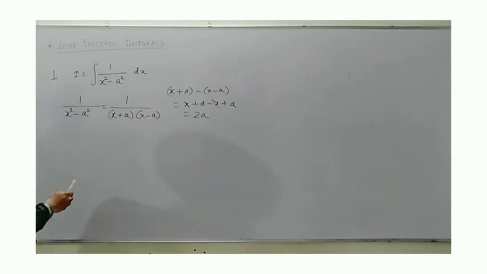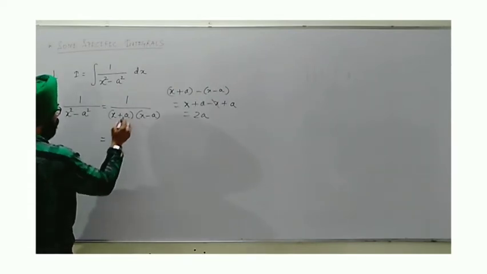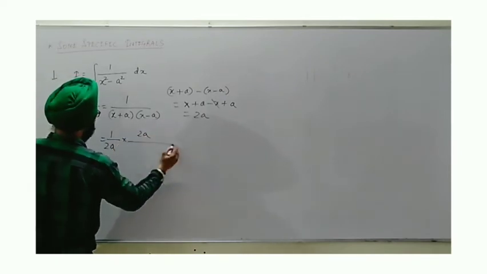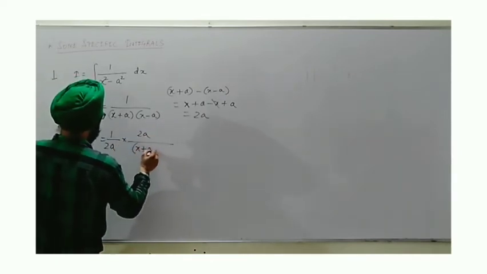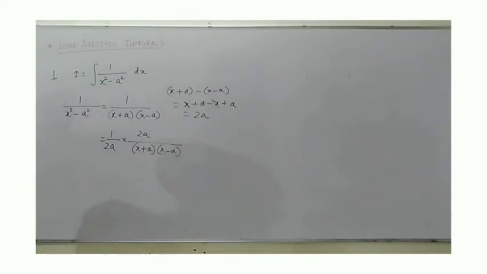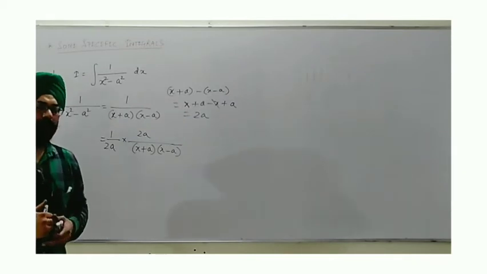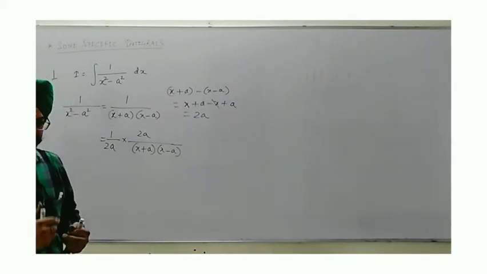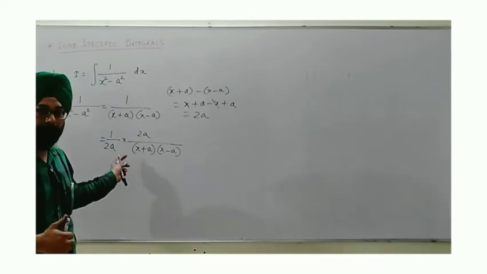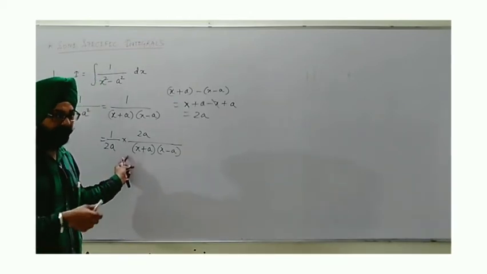So we write 1 upon 2a into 2a upon x plus a, x minus a in the denominator. There is a method known as partial fractions in integration, which we will see after the substitution method. So the method I am applying here is partial fractions only.